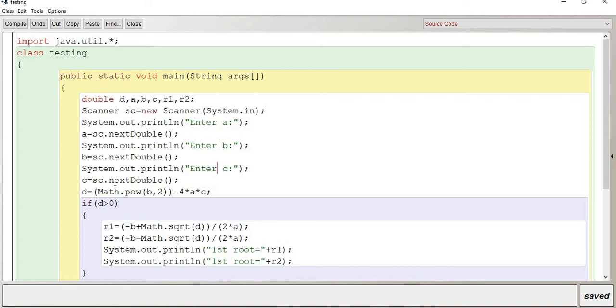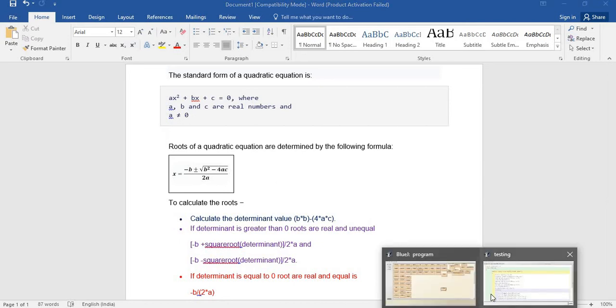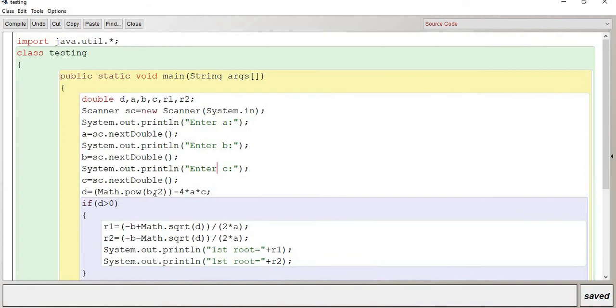So determinant is equal to Math.pow. This is a very important portion. Math.pow, what is this? For b square, instead of writing b into b, we can write Math.pow(b, 2), that is b raised to the power 2.